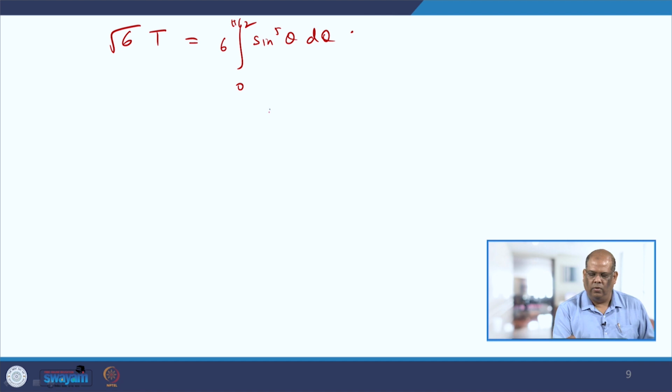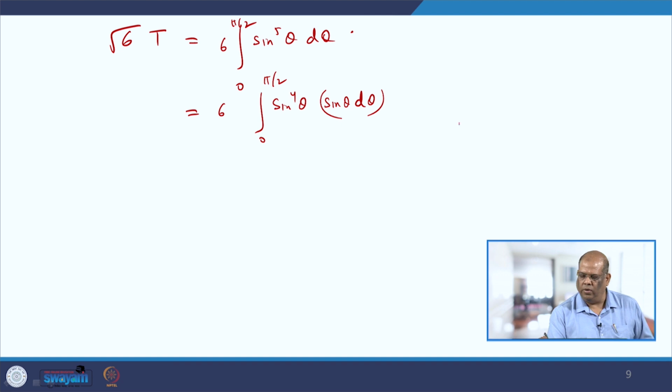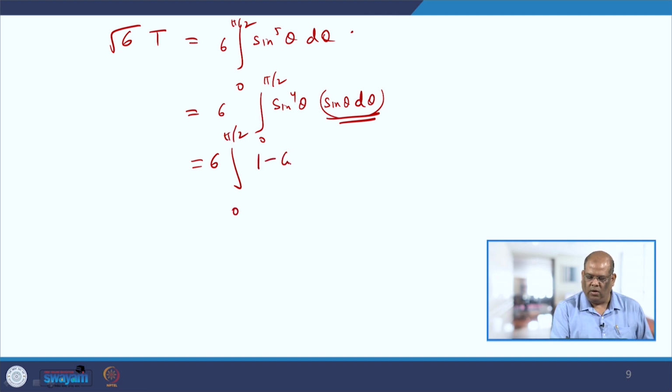Now, you have to solve this. The easy way would be that you write this as 6 0 to pi by 2 sine to the power 4 theta sine theta d theta. And then you substitute, in such a manner that if you differentiate, you get sine theta d theta, and the easy way is 1 minus cos square theta and whole square of that, such that this becomes sine square theta square it, sine to the power 4 theta.